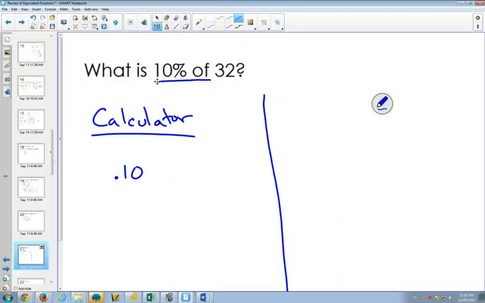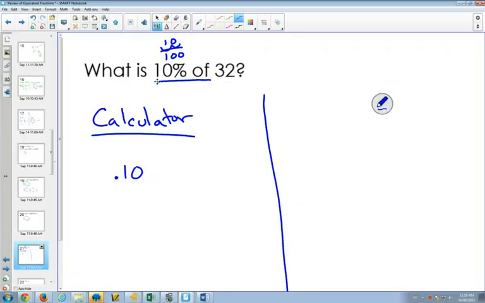Because 10% is the same as 10 over 100. And when you have a fraction over 100, you'd move the decimal place back 2 spaces. So it's decimal 10. You could write it just as decimal 1 if you'd like.